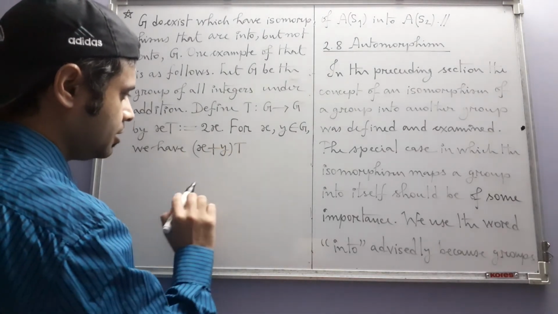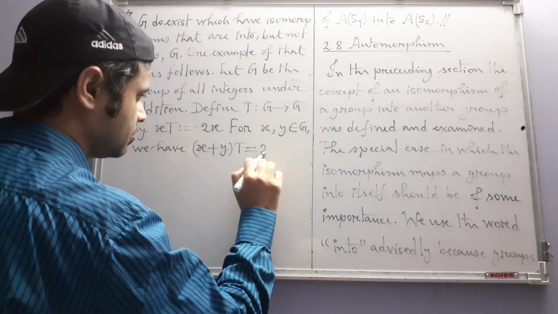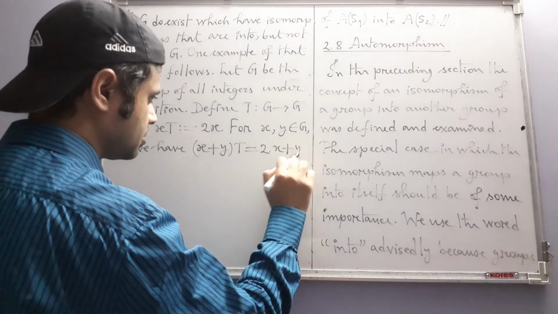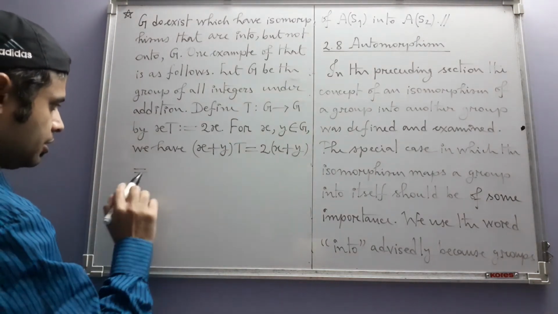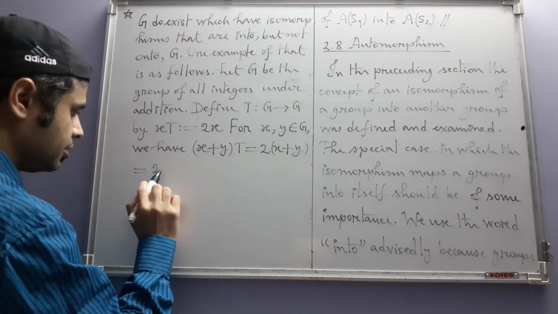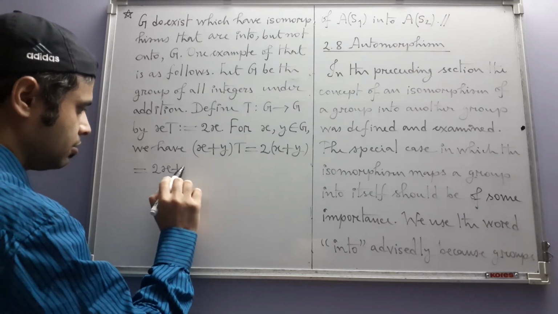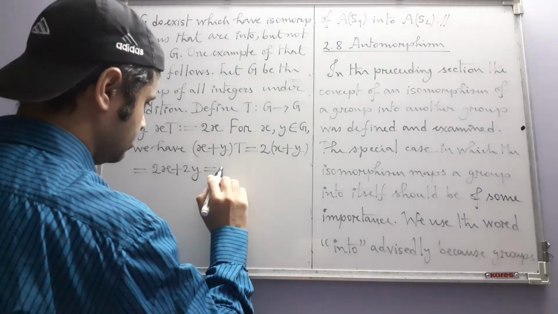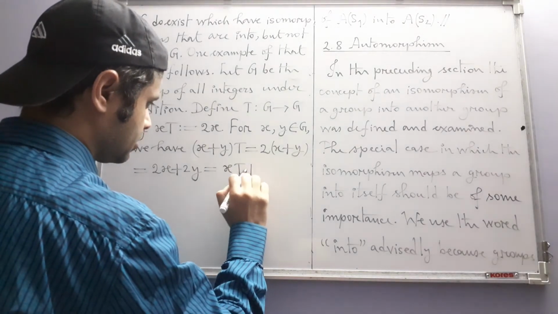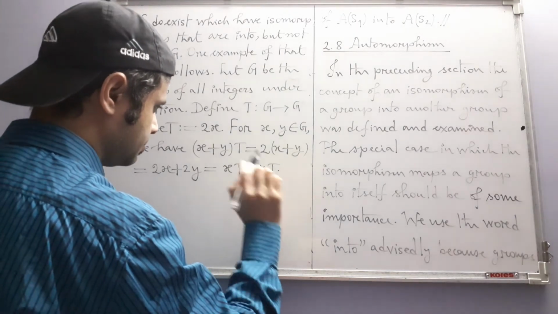If you apply T on x plus y, that by the definition of T is its double, which using elementary properties of integers equals 2x plus 2y, and that is equal to xT plus yT.